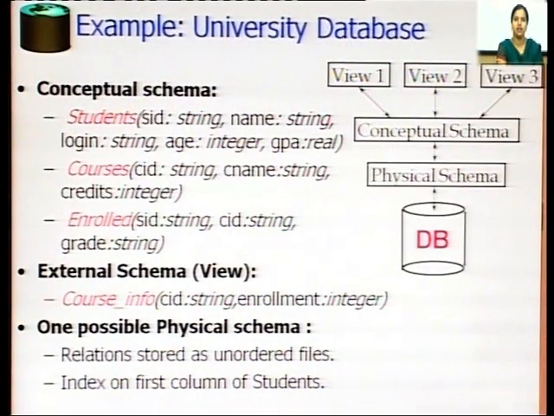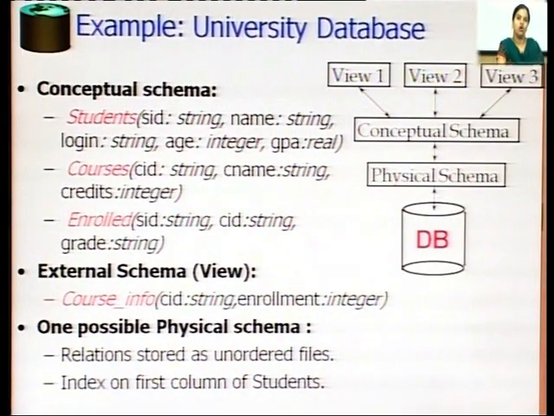Here we took up an example of a university database where the conceptual data is students: SID, name, login, age, GPA, and there are courses: course ID, course name, credits, and there is enrolled: student ID, course ID, and the grade. And at the external level, this is only the course information, and one possible physical schema is relations stored as unordered files and indexes on the first column of the relation.